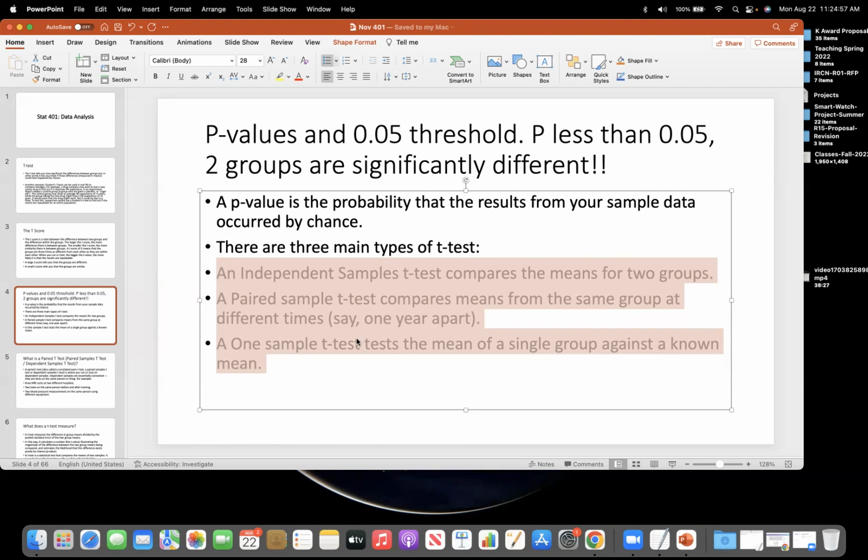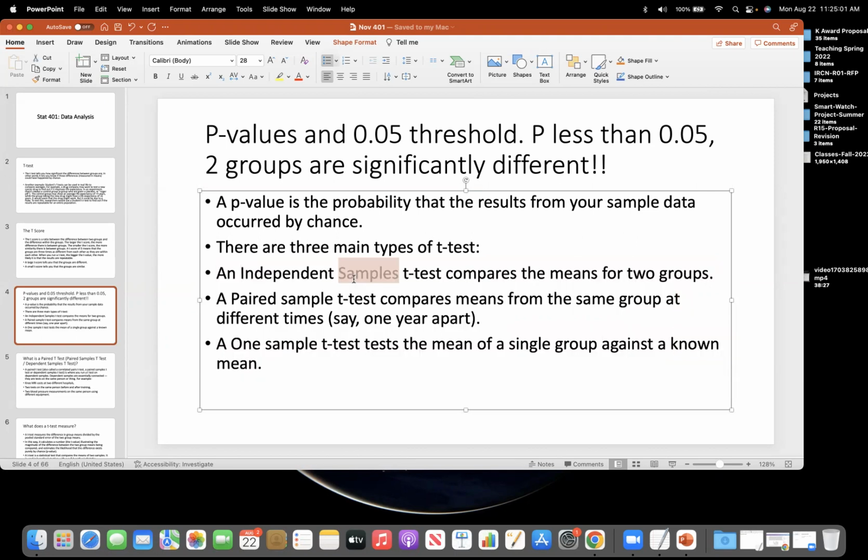So these three tests, obviously, they look for different things, right? So they compare different things. The independent t-test compares the means for two groups. The paired t-test looks for means from the same group. Independent is independent, right? As the name suggests, it's not dependent, it's independent.